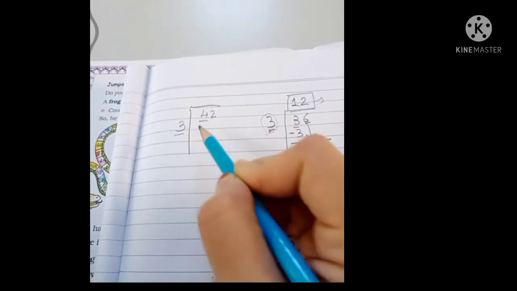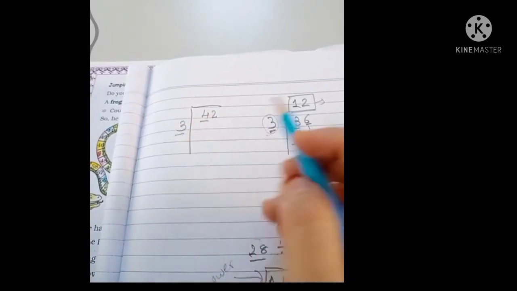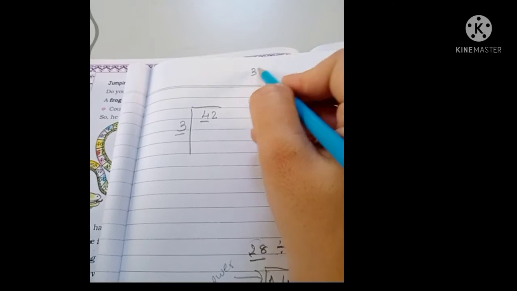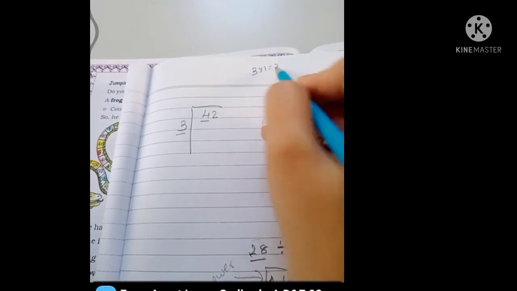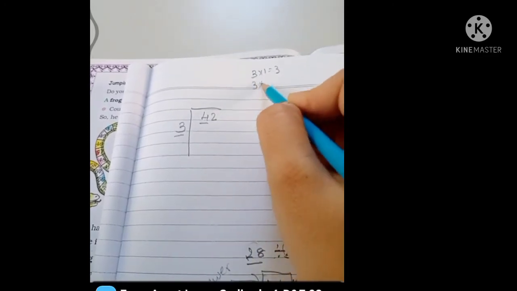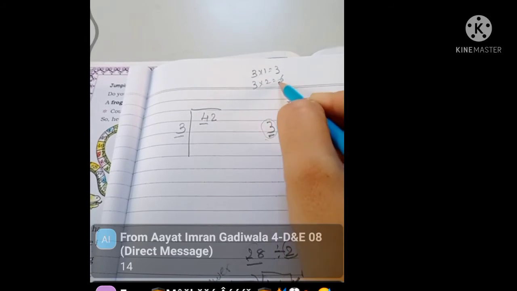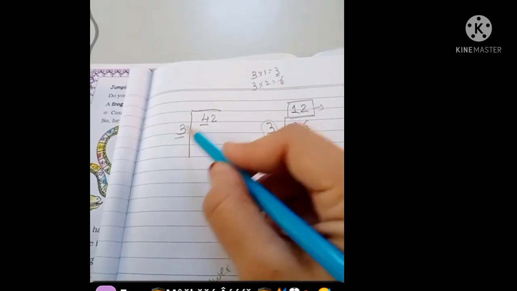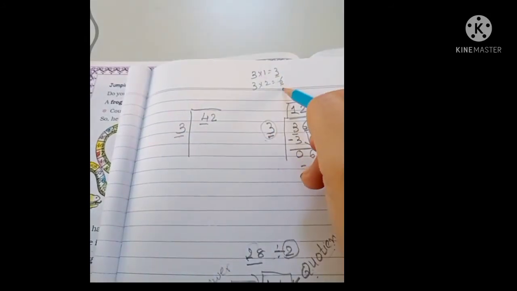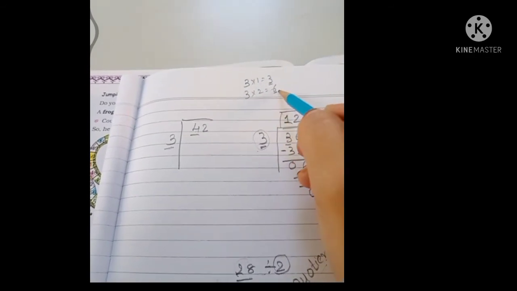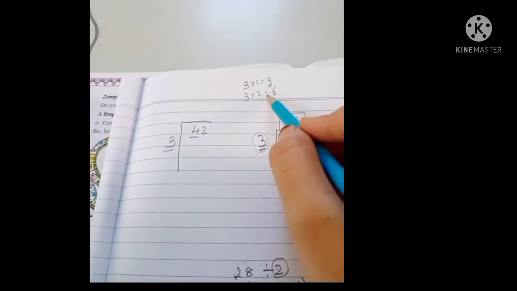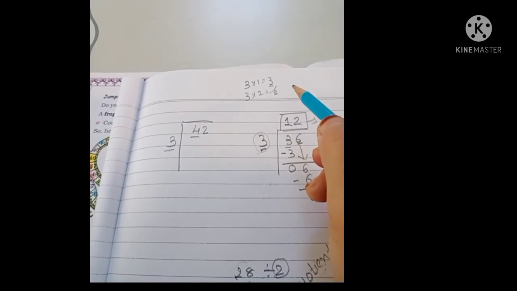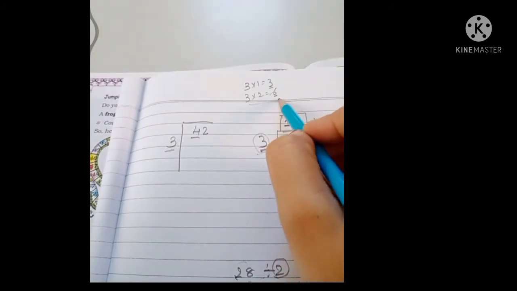So first step students, here you can see 3 and the 4. If you see, 3 ones are 3 and 3 twos are 6. But students, here you can see in the table of 3 we are not getting 4. Here we get 3 and 6. 6 is greater than 4, है ना, 6 4 से greater है. So that means we can't go for it.